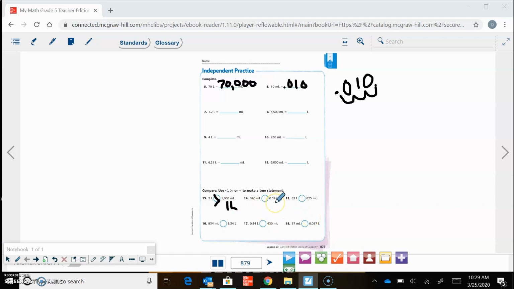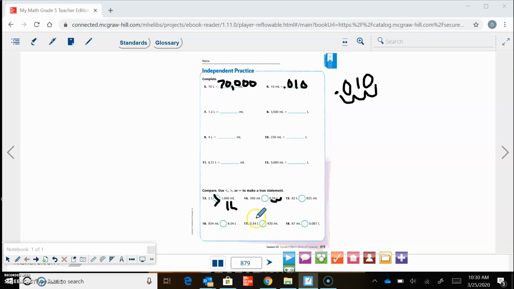Okay, let's do number 14. We have 390 milliliters is equal to how many liters? Well, let's take this liters and make it into milliliters. What we can do to do that is just move your decimal point 3 times to the right here. So 1, 2, 3.